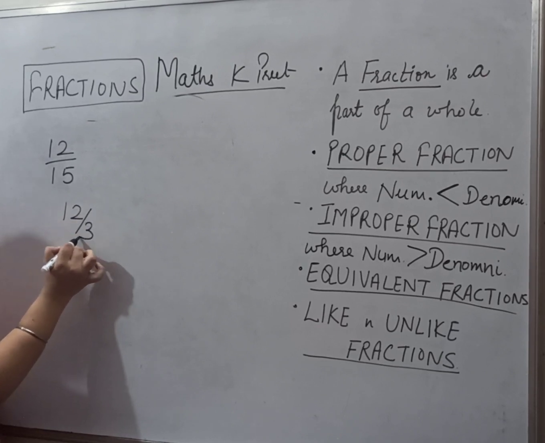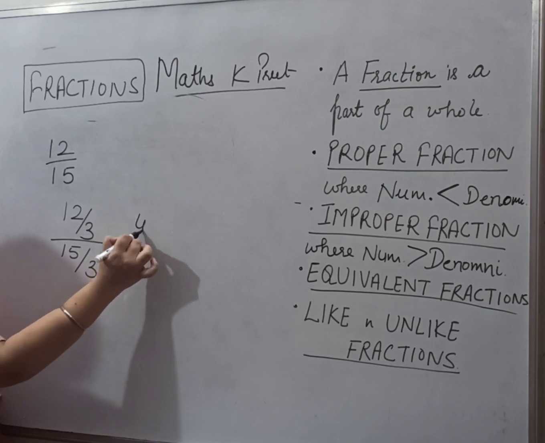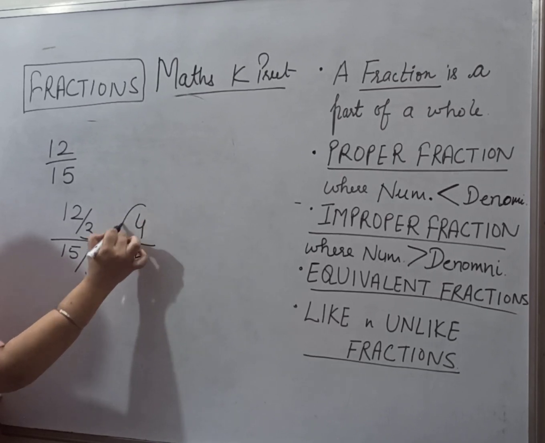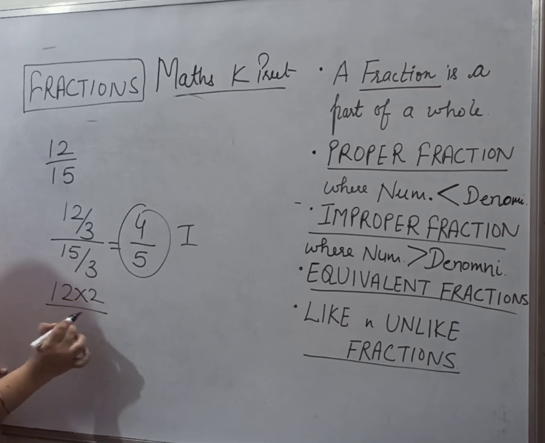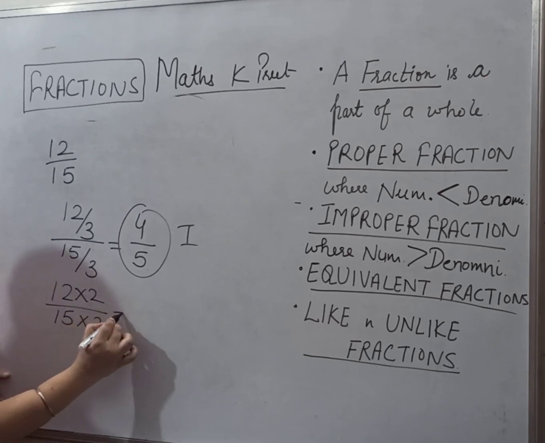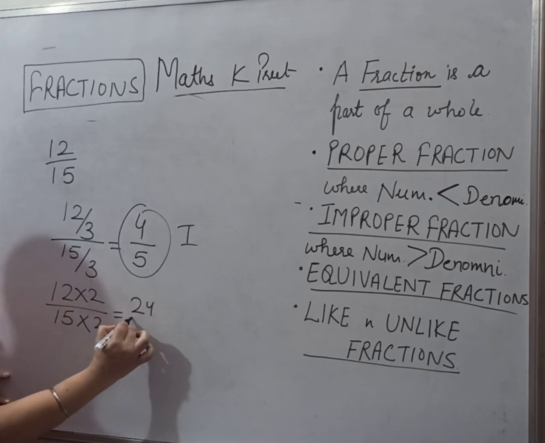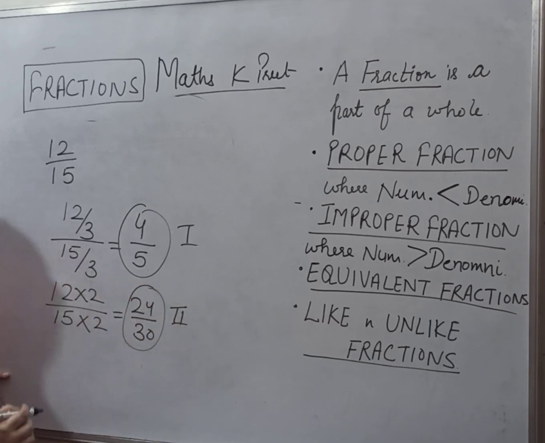So we will divide the numerator and the denominator by 3. 3 fours are 12, 3 fives are 15. This is the first equivalent fraction. Second, we can find by multiplying with any number, but the number should be the same for the denominator and numerator. This was the definition. So 12 twos are 24, 30. This is the second equivalent fraction.